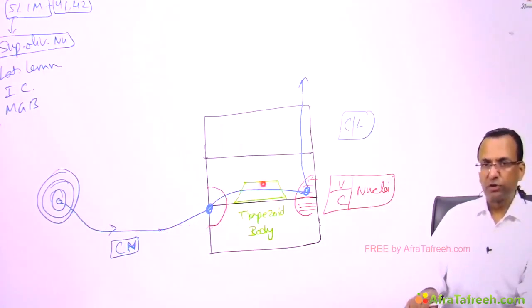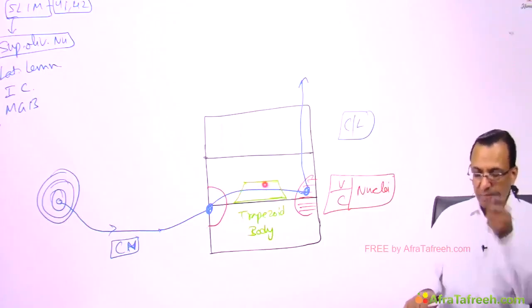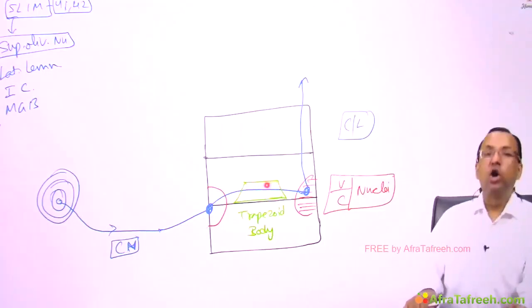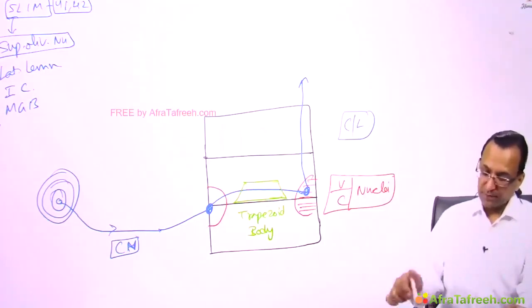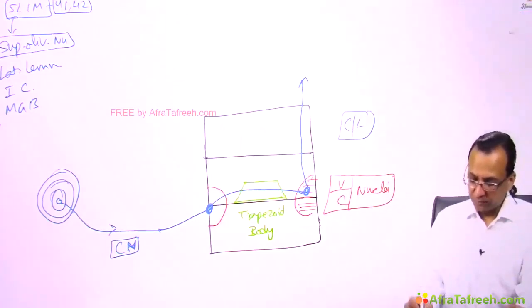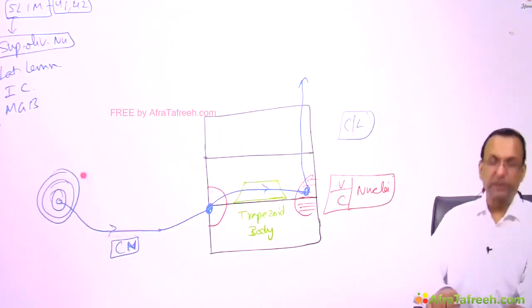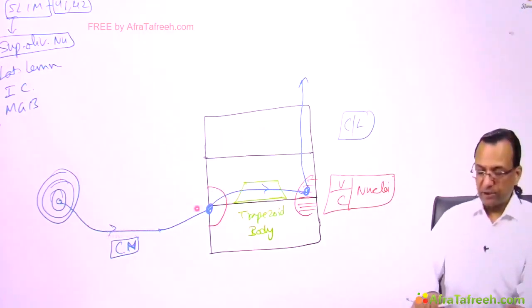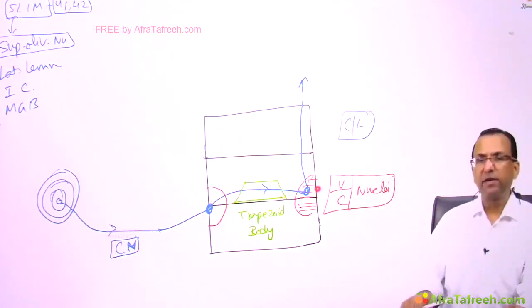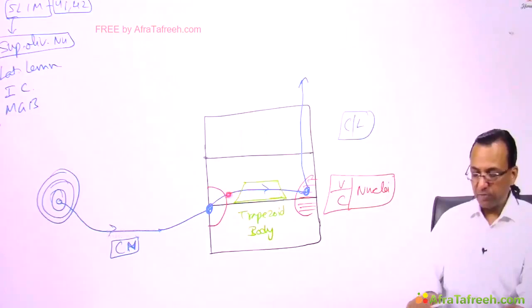So this is the trapezoid body in the lower pons, and it lets the fibers cross. You mean to say whatever information was received by this side ear comes to the pontomedullary junction and crosses to the other side. Most of the fibers run contralaterally, crossing in the trapezoid body.